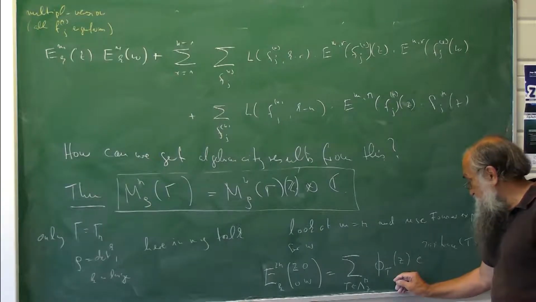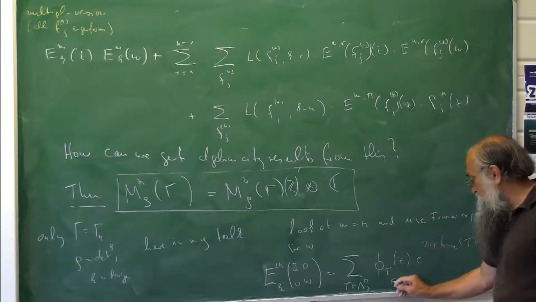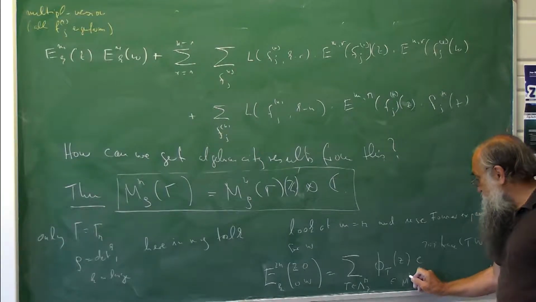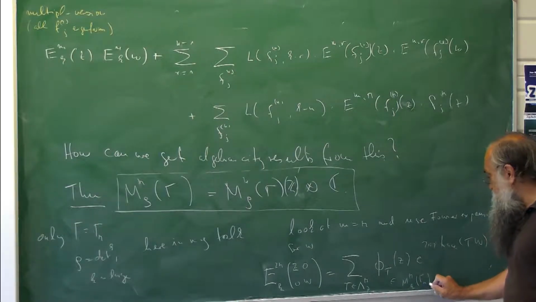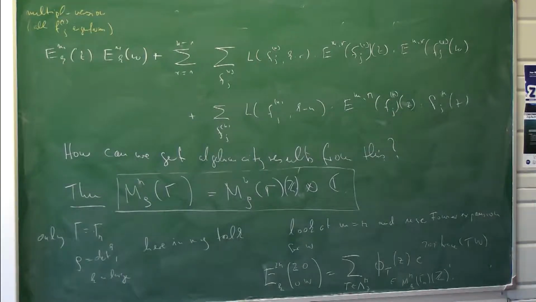So these phi t are all in M n k of gamma n Z prime.